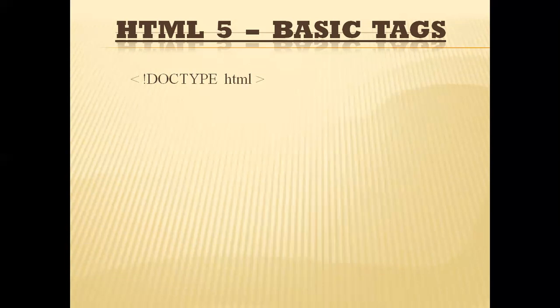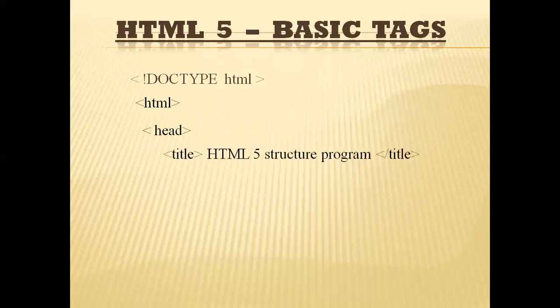The next tag is the HTML tag. This tag indicates that the document is an HTML file. The next tag following is the head tag. This defines the information about the document. It includes the title tag within it.